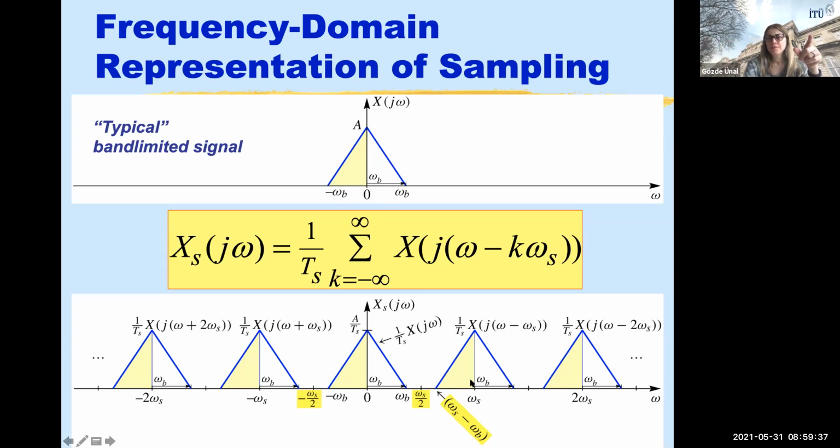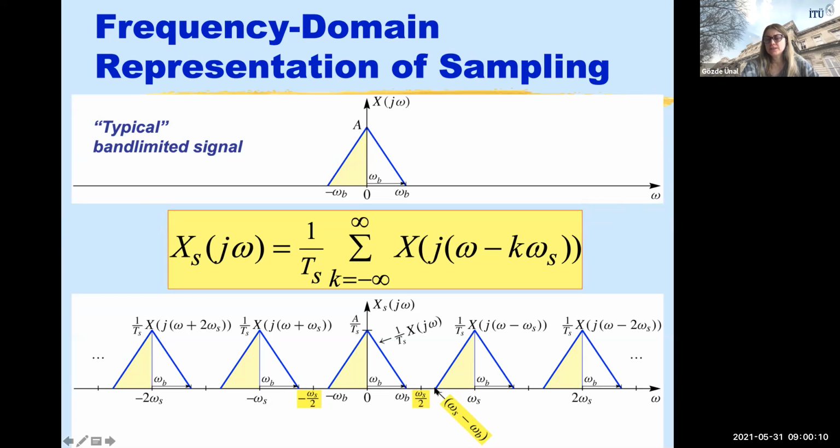In the sampled spectrum, if there is a problem in our sampling, these yellow negative frequencies are mixed with white positive frequencies. That's the problem. So our constraint should be, look at this end of the first trailing replica: omega S minus omega B should be larger than omega B, not to have an overlap.